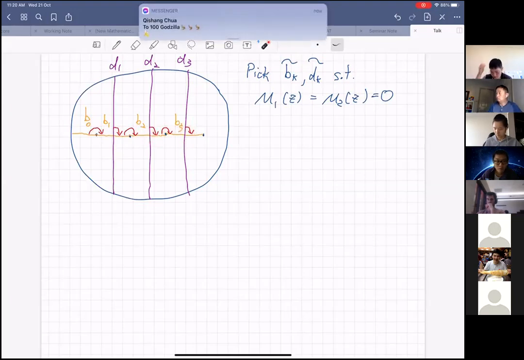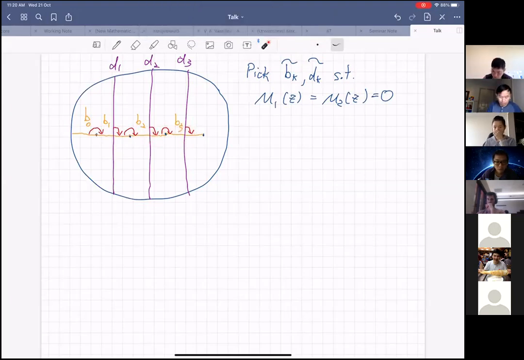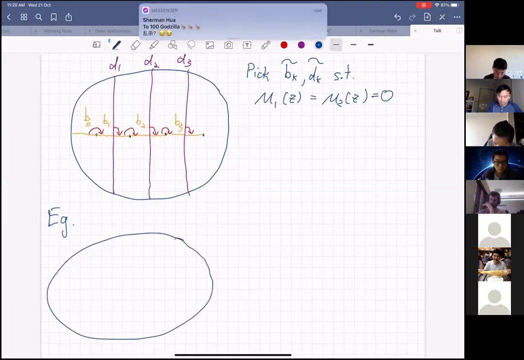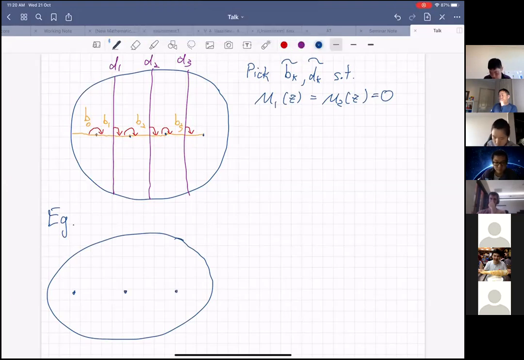Okay, now let's do an example. For example, I want to look at this one. Maybe just 3 punctures is enough: 1, 2, 3.